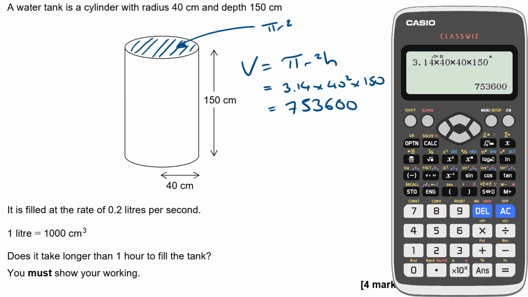Now that's in cubic centimeters. Now we're told, we should really know this, but 1 litre is 1,000 cubic centimeters. So if it's got a volume of that, then let's divide that by 1,000 and find how many litres it can hold. So that's 753.6 litres.